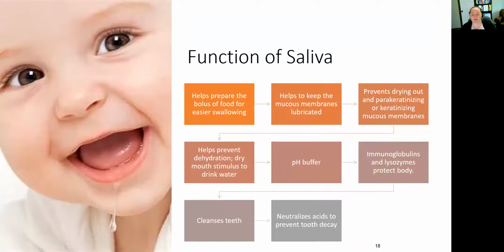Helps prevent dehydration. Dry mouth is a stimulus to drink water. Then we have our pH buffer. That's really important in decay. Immunoglobulins and lysosomes that help protect the body. It cleanses the teeth and neutralizes the acids to prevent tooth decay.